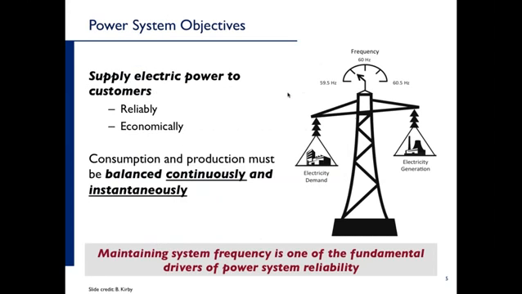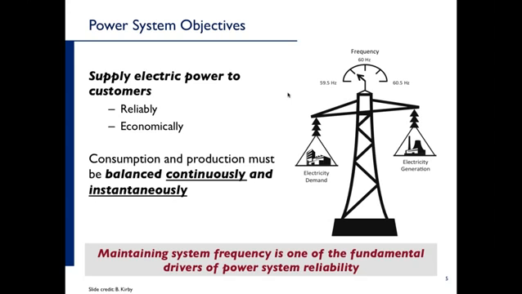The power system, regardless of where it's located and how it's operated, has some basic physics that we have to recognize and that are going to take over for us if we want to operate the power system in an economical fashion.